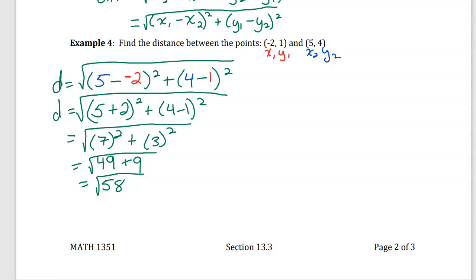Now let me show you if I switch to x1 minus x2. Does it make a difference?